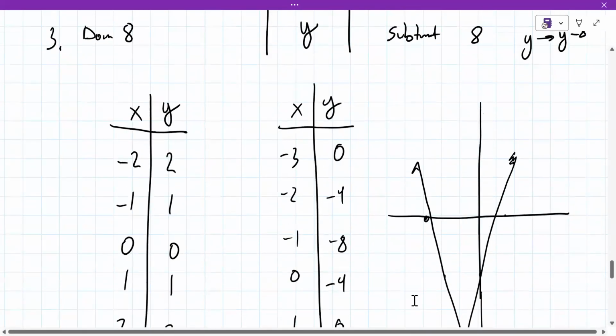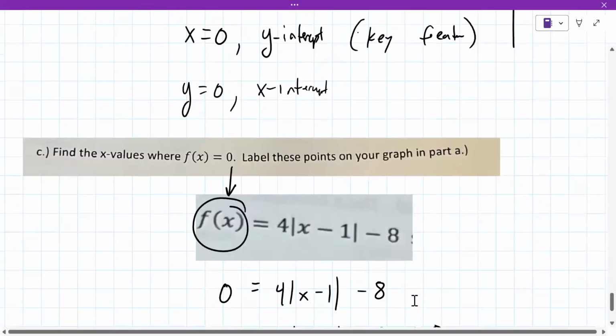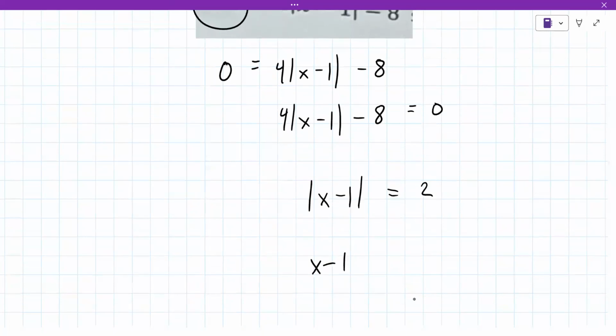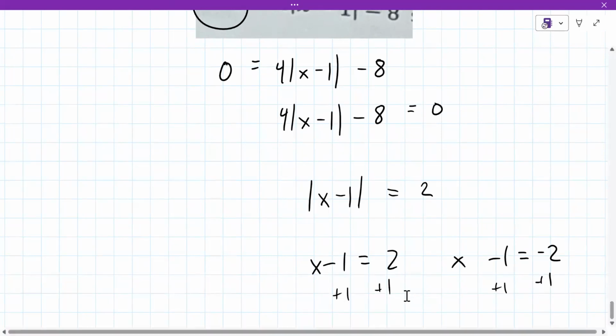Why isn't this working out? I have no idea. So it's x minus 1 equals 2, x minus 1 equals -2. When you add 1 to each side, you do get the 3.